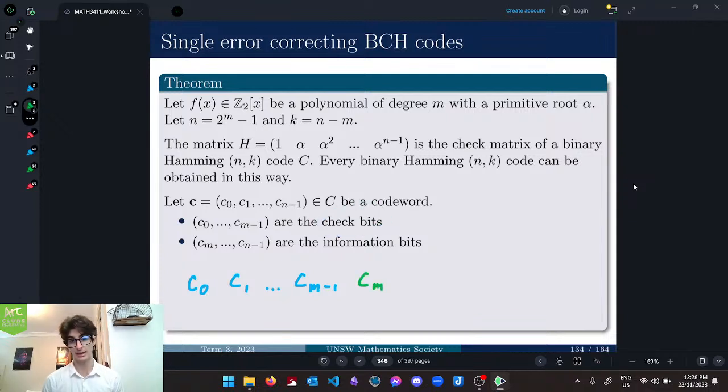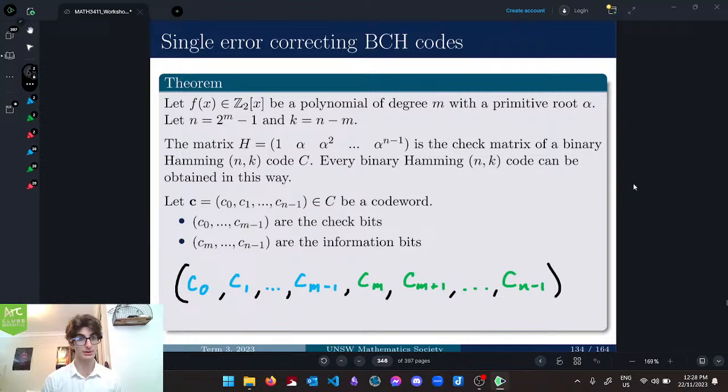And then Cm, Cm plus 1, all the way through to Cn minus 1 are the information bits. So it is quite nicely partitioned. If we put some commas, partition there. It's not a part of the structure, so we'll just do it in a different color.